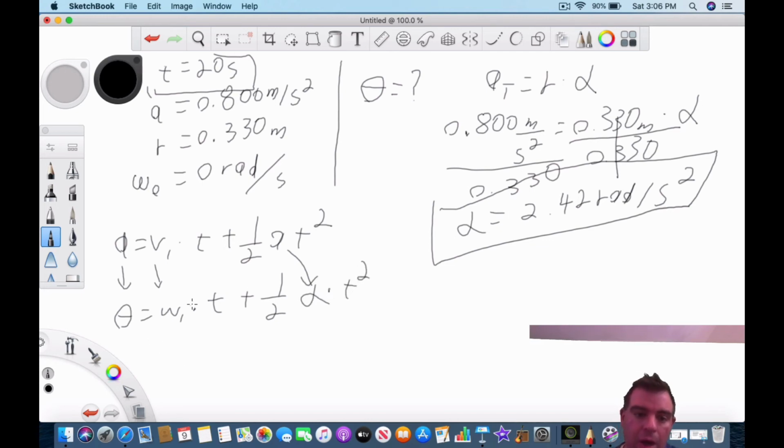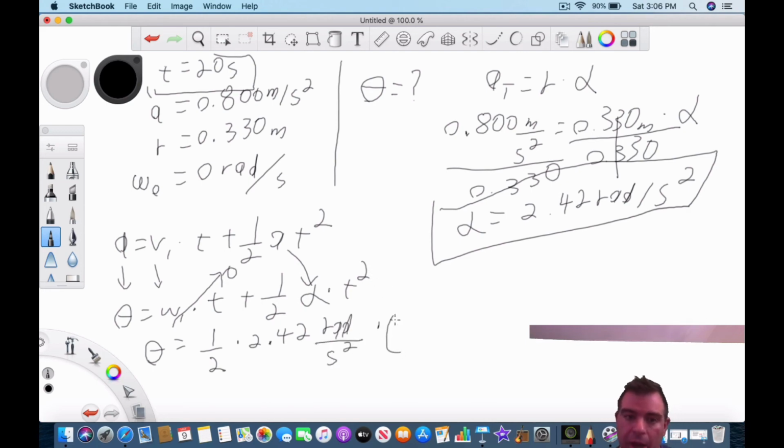So what do we basically say over here? Initial angular velocity is 0, so this whole thing drops out because 0 times time is going to be 0. Theta, that's what we're trying to find right here, equals 1/2 acceleration, which is this one right here, times 2.42 rad per second squared, times the time.